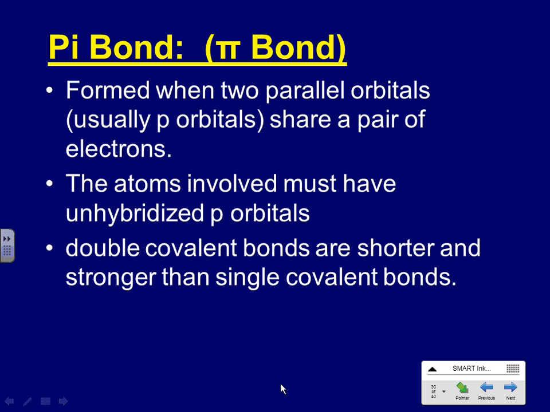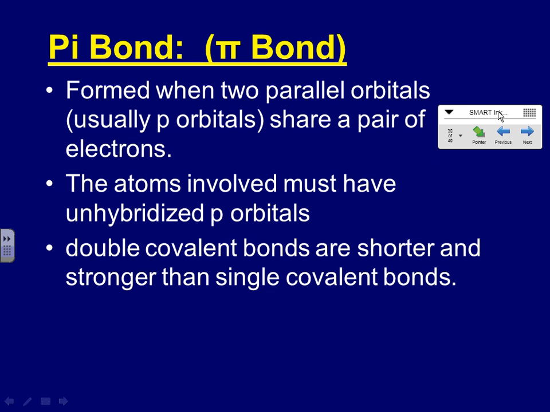I actually have a bullet that I should add to it, and I'll just write it in. When it comes to determining the type of hybridization and ultimately the shape, pi bonds are not counted as lone pairs or bonding pairs. We simply ignore them.